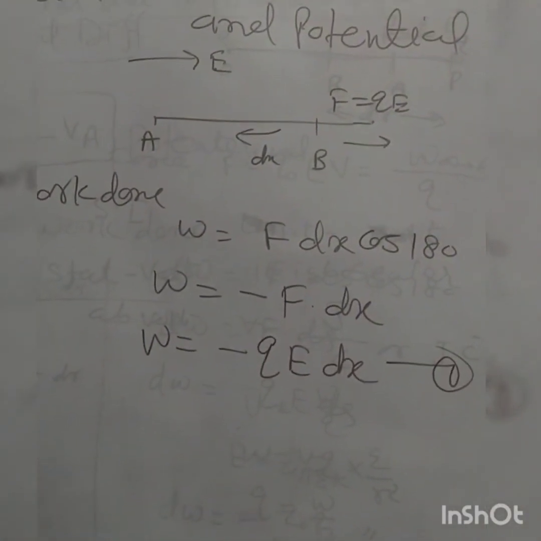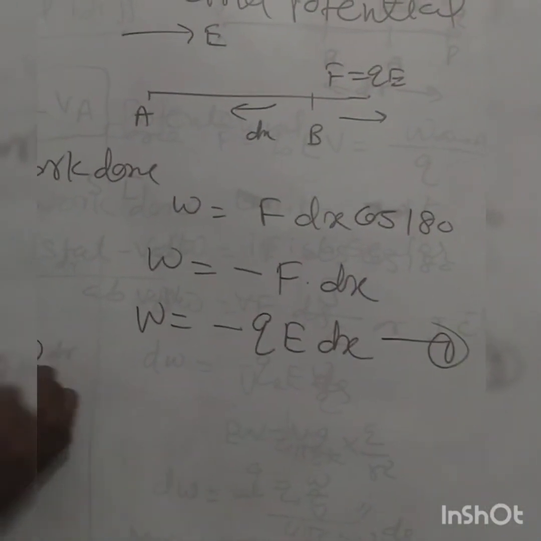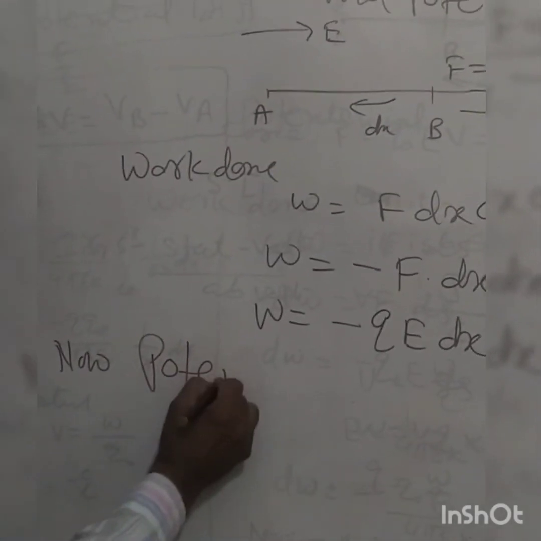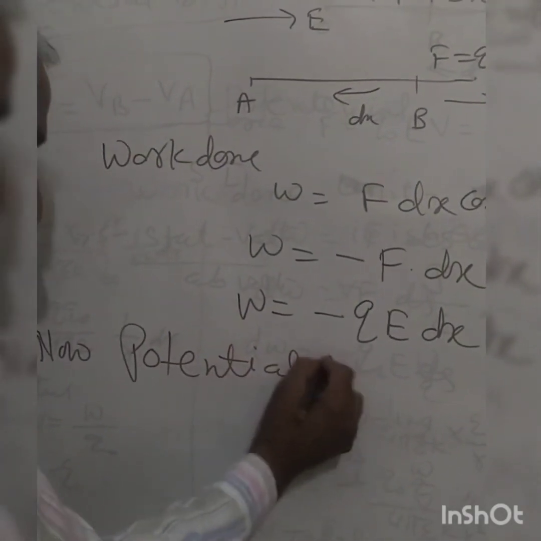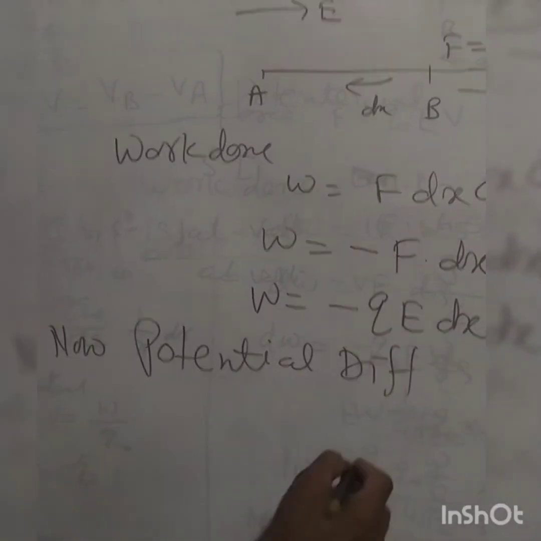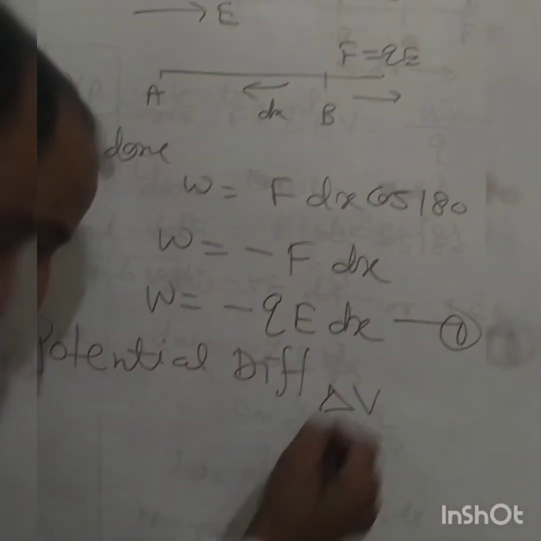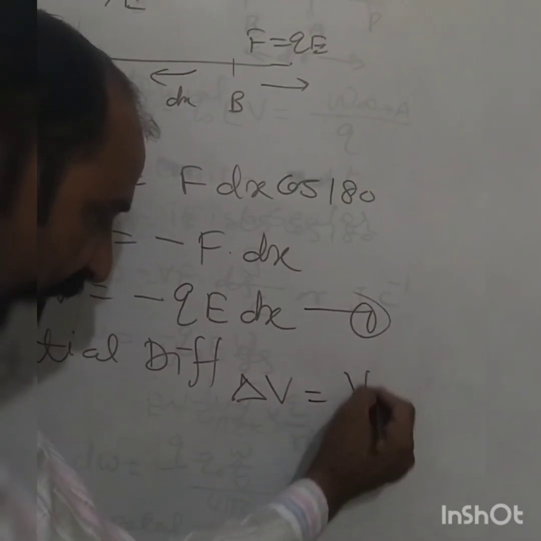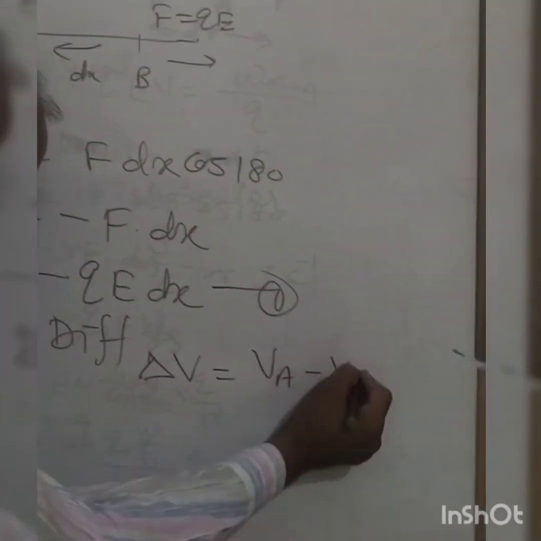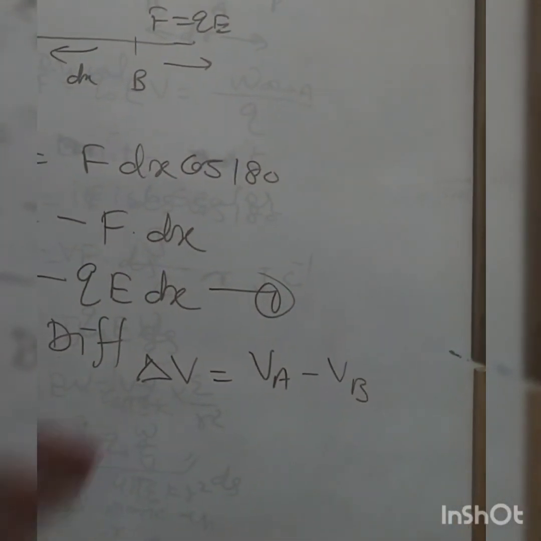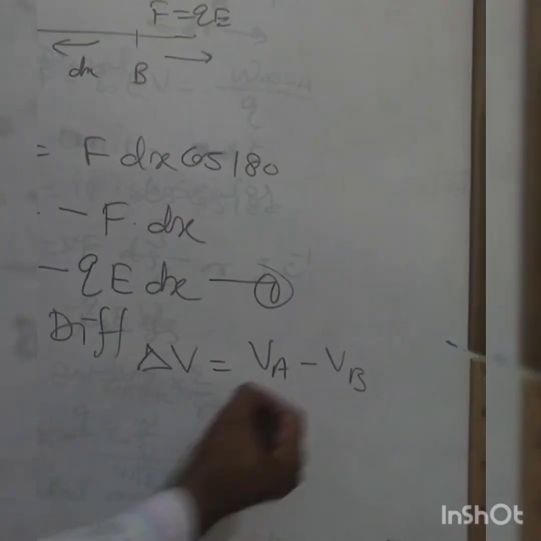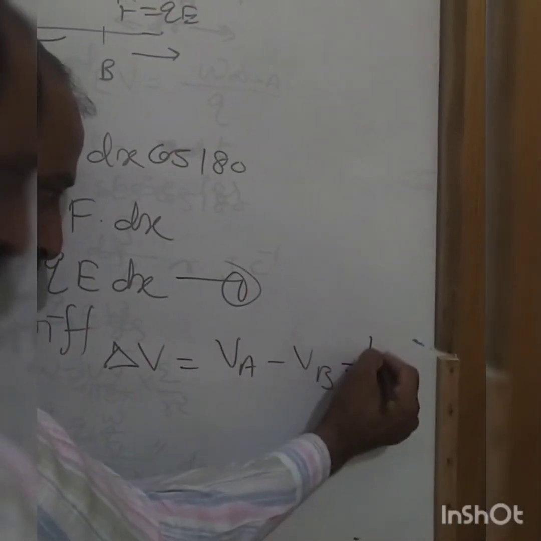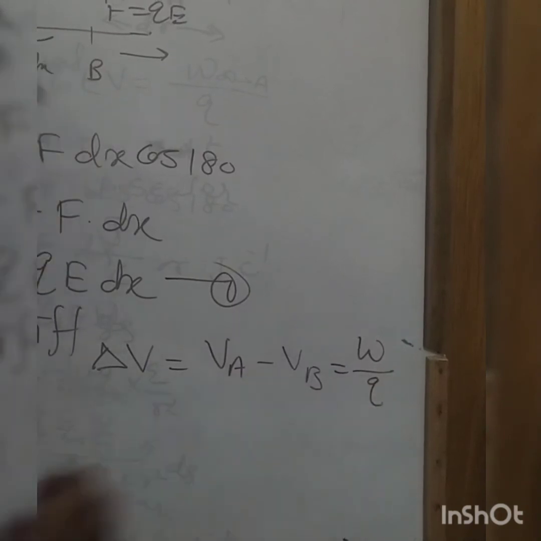Now the potential difference, del V, is equal to V B minus V A. This we can say is the potential difference, which is equal to work upon charge.